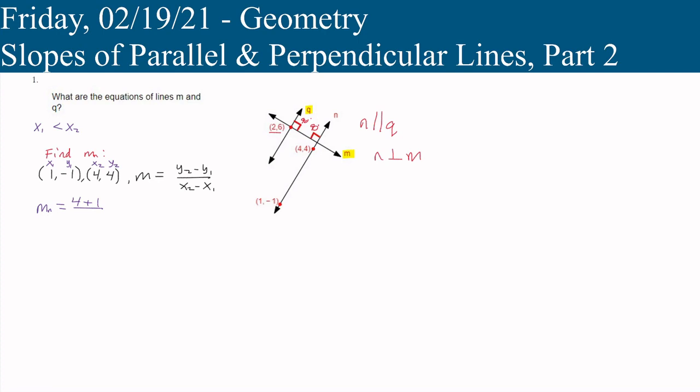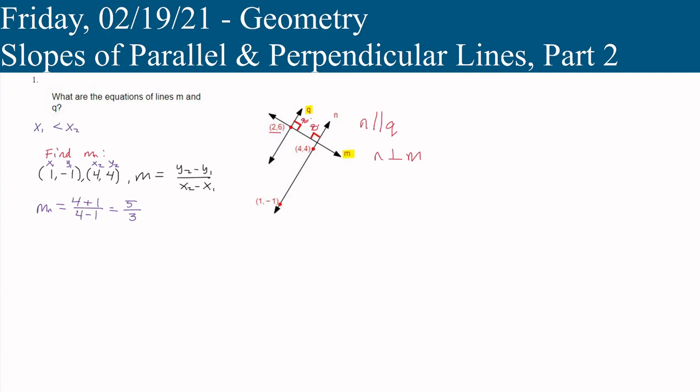And x2 is 4 minus x1 is positive 1. So we just add across. 4 plus 1 is 5 over 4 minus 1 is 3. Now I don't want to simplify this. This is okay. Let's keep it there.